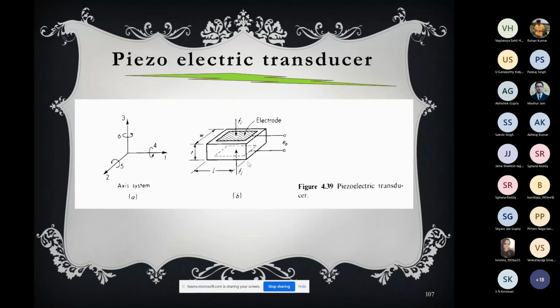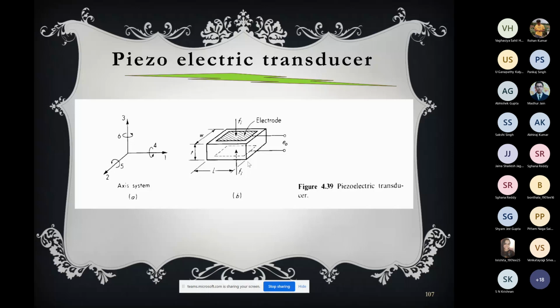This effect is also reversible. What is the meaning? If they are deformed, electric charge will be generated, and the effect is reversed: if you give some electric charge, or apply an EMF, the material will respond by deforming mechanically.